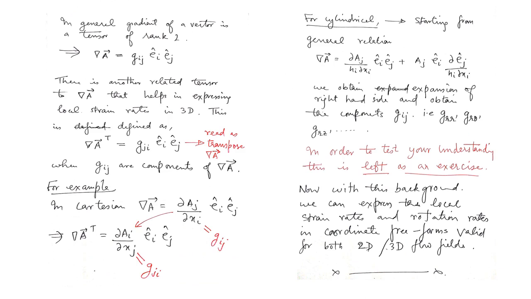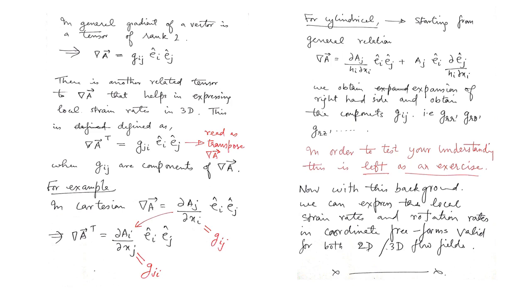Now in general, gradient of a vector is a tensor of rank 2, and what I've done is give a general symbolic representation, just as I did for the infinitesimal displacement vector. Remember, delta R is equal to hi delta xi ei. In a similar way, since the gradient of a vector comes out as a tensor of rank 2, and as I talked about in my earlier lecture, a tensor representation is simply a component and a dyadic product of unit vectors ei cap ej cap, two directions involved.